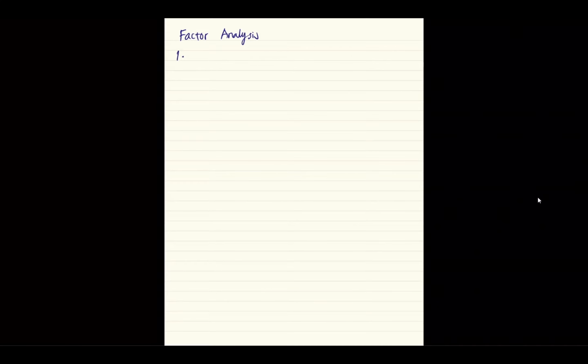Okay, so starting from today, we are going to discuss another common way of data analysis, which is what we name factor analysis. First of all, what is factor analysis?